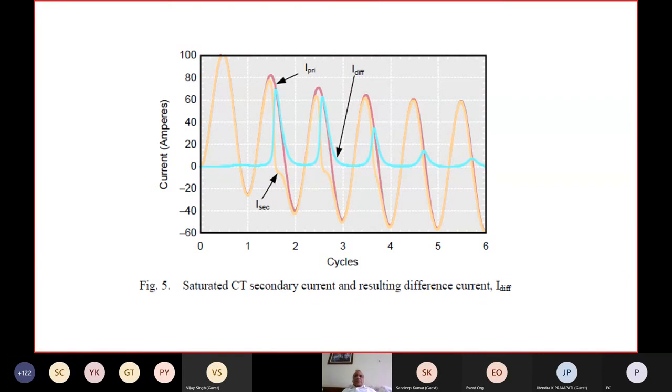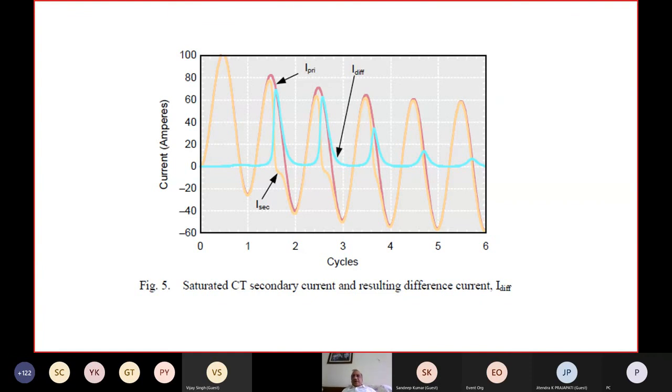Of course, going forward, the best possible solution will be to go for optical CTs, because once you go for optical CTs, all these electromagnetic phenomena you get rid of. So that will not be the issue.